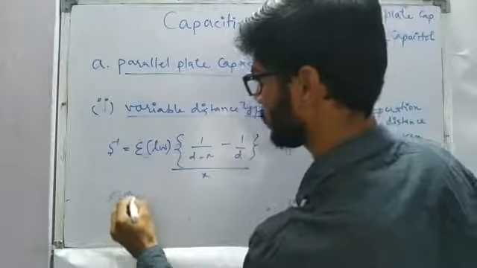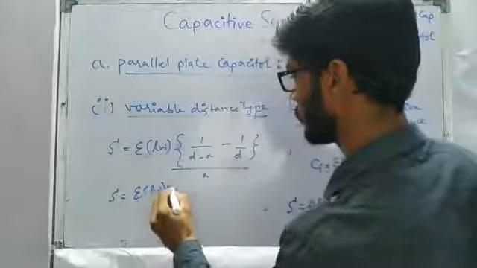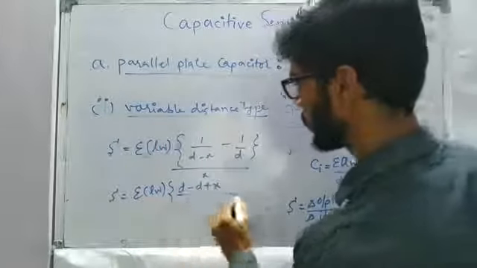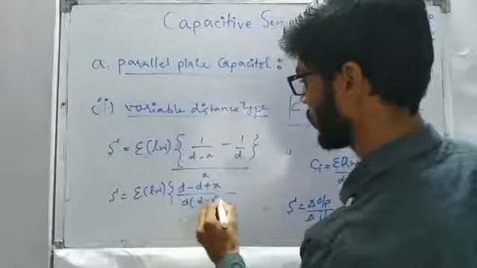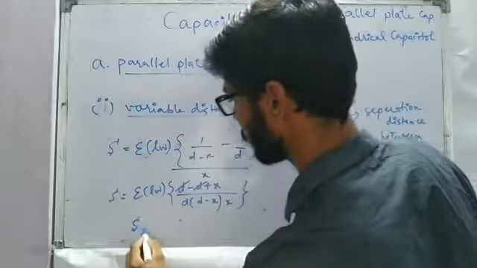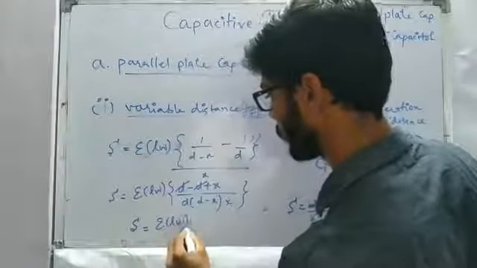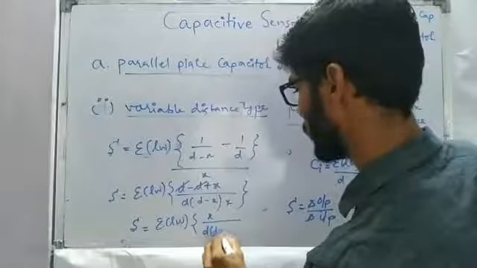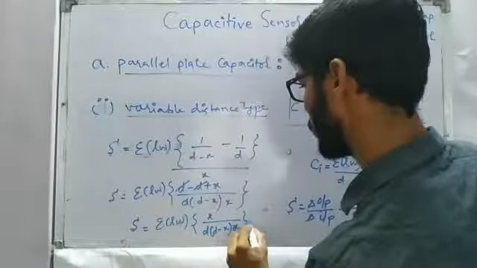So take the LCM, d minus d plus x, divided by d into d minus x into x. So d and d get cancelled. x divided by d into d minus x into x.